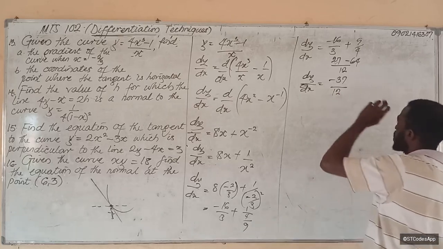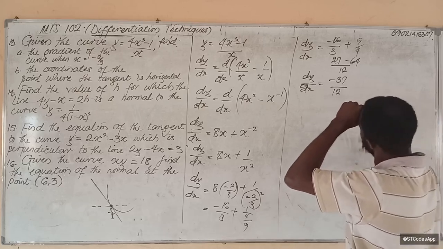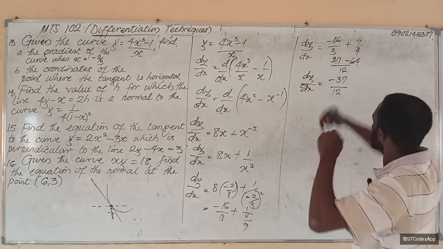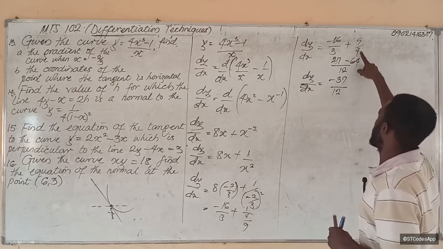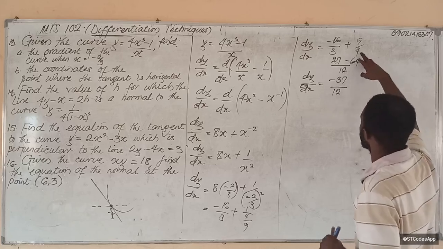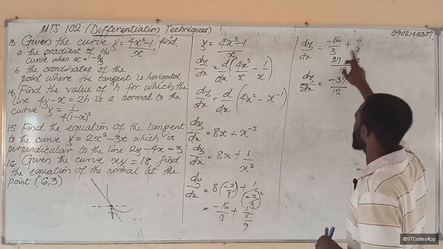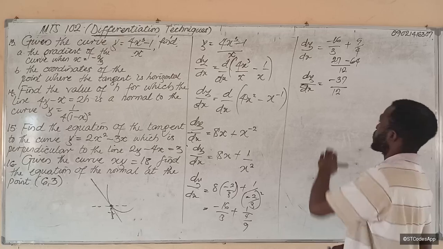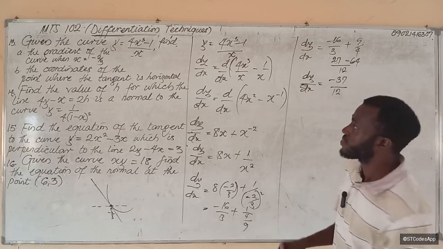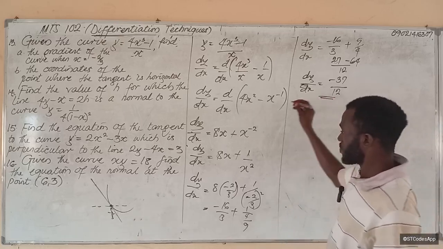Negative 37 over 12. Okay, I'm just verifying. This and this, 3 by this, this is yes. Okay, so we have negative that. This is the value of our dy/dx. So we have answered question A.